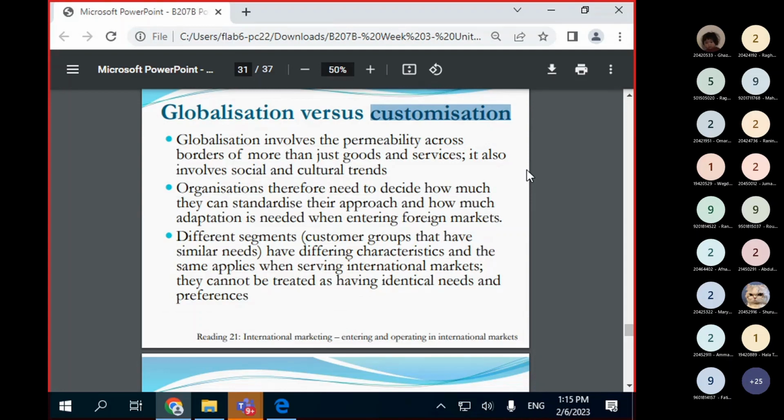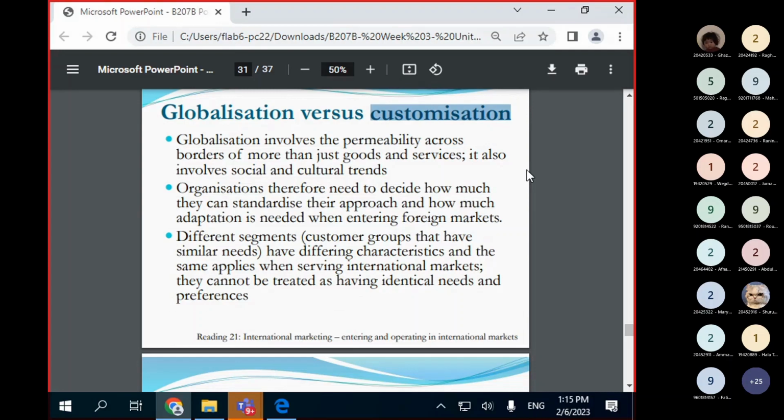Okay, so when I say product offering, what do I mean? What does product offering mean? Is it only products? No, it consists of what? The marketing mix.